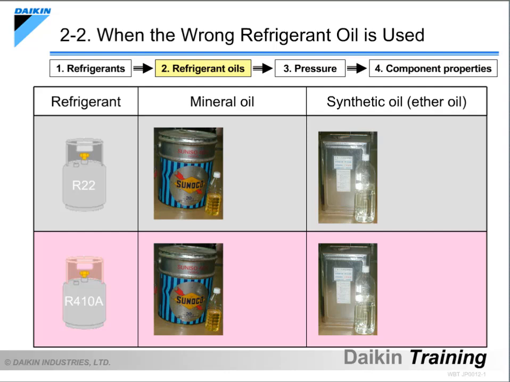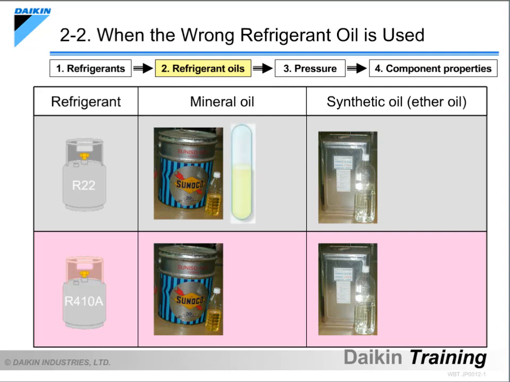Let's now learn about what happens if you use the wrong refrigerant oil with a refrigerant. Minute amounts of refrigerant oil leave the compressor and circulate within the air conditioner. In order to circulate the oil along with the refrigerant in the refrigerant circuit and return it to the compressor, it must be soluble in the refrigerant.